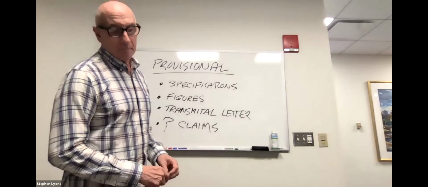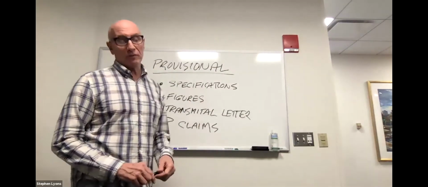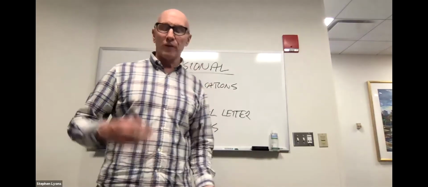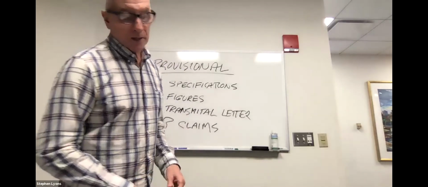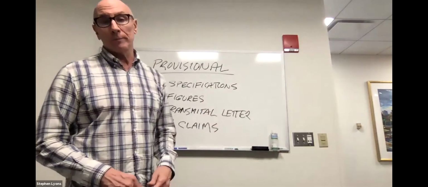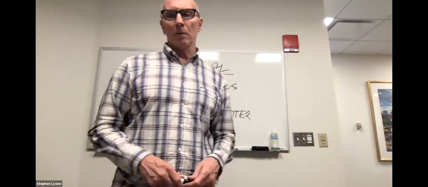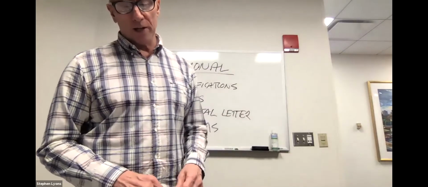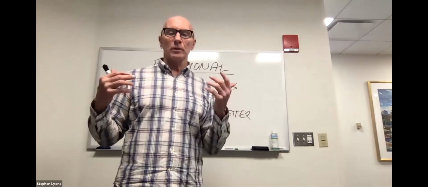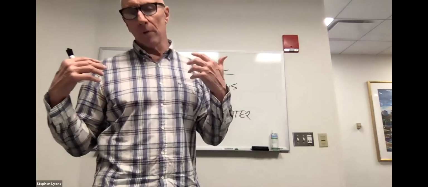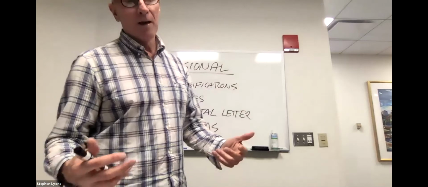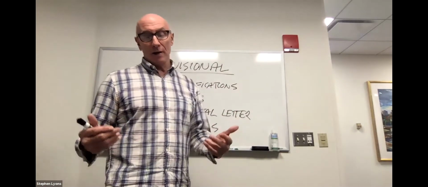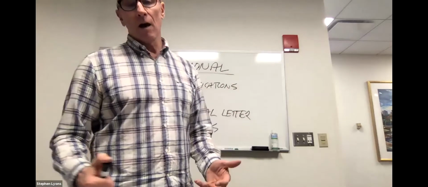The other thing that you want to include in a specification section, whether it's a provisional or non-provisional, is a detailed description of the invention. And we can go over some of those. I'll show you some sample descriptions of inventions. But it's a simple description in English about what your invention does.